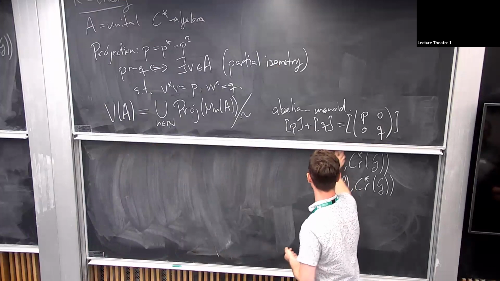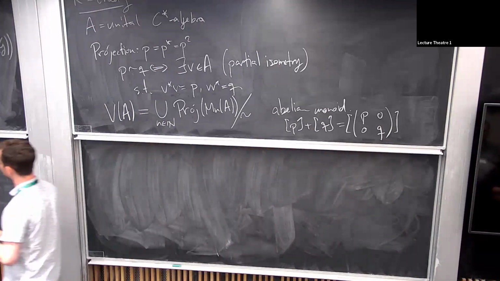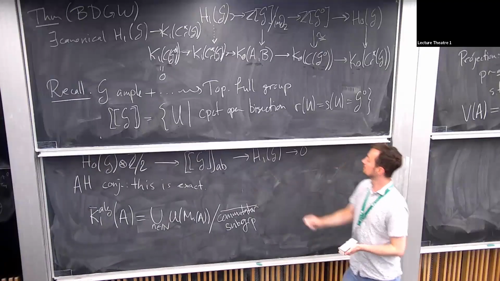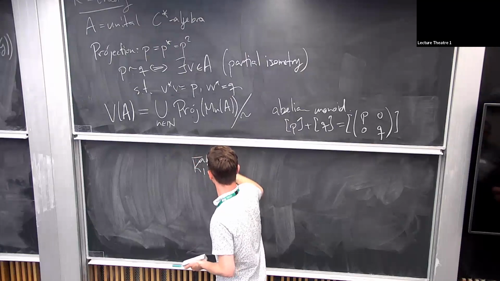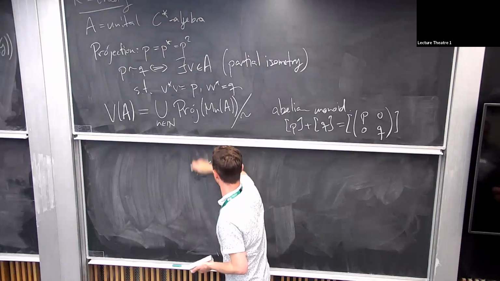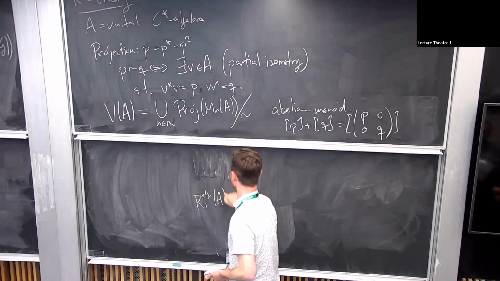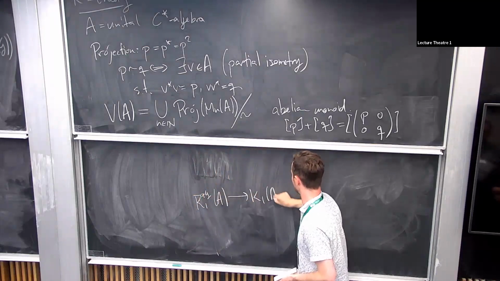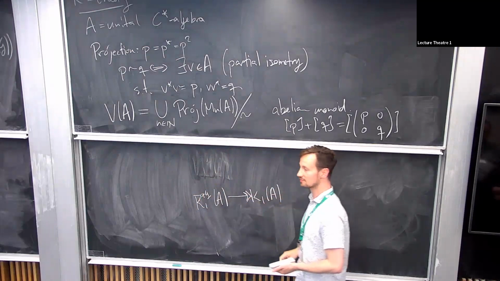Part of our invariant that we use to classify inclusions of C-star algebras is this version of K1 alg. We've got a map going into the K1 group, which actually is surjective.